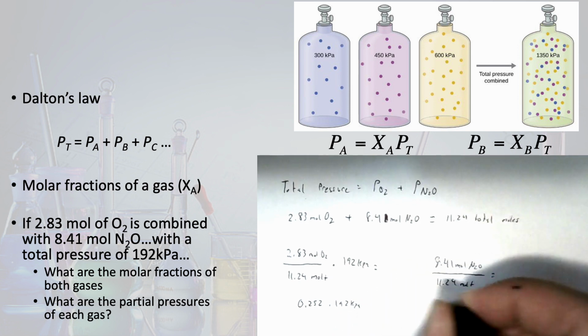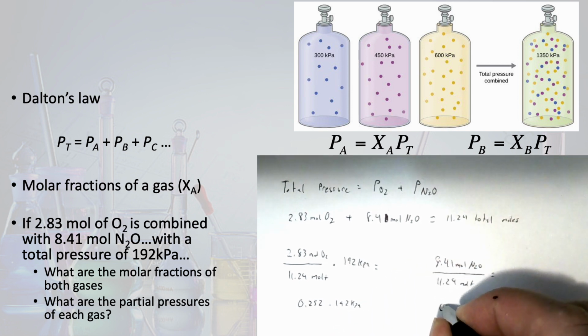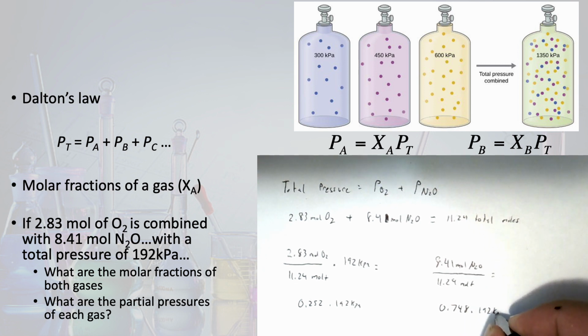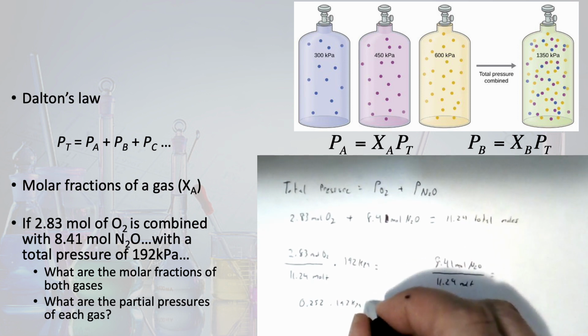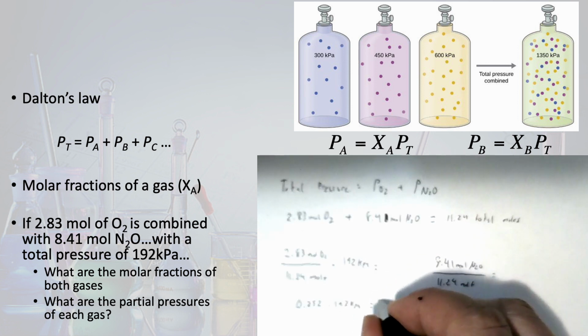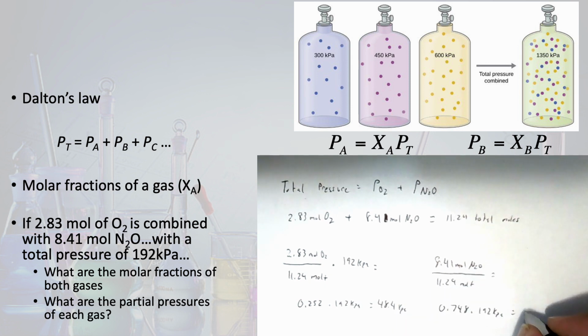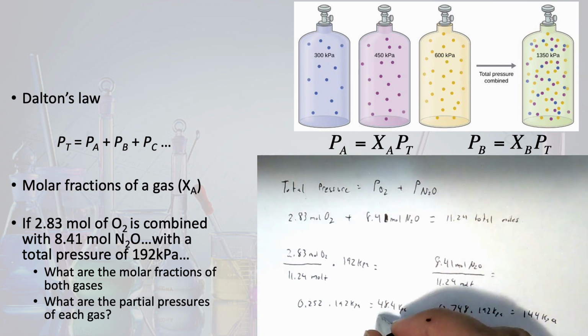So if we divide 2.83 by 11.24, we determine our molar fraction of oxygen is actually 0.252, or 25.2%. Multiply that by 192, and just like that, we'll get our partial pressure exerted by oxygen, which is 48.4 kilopascals.